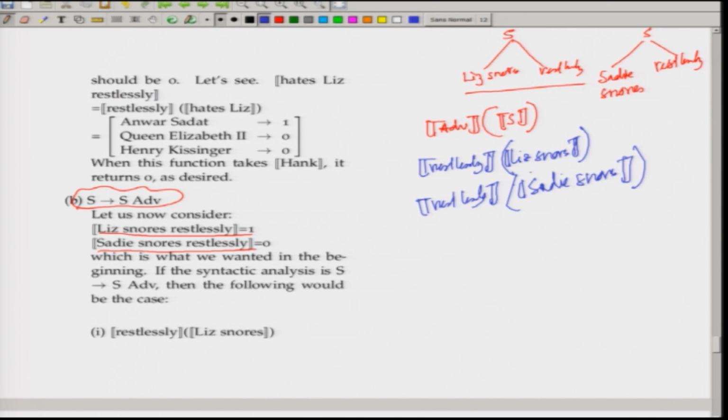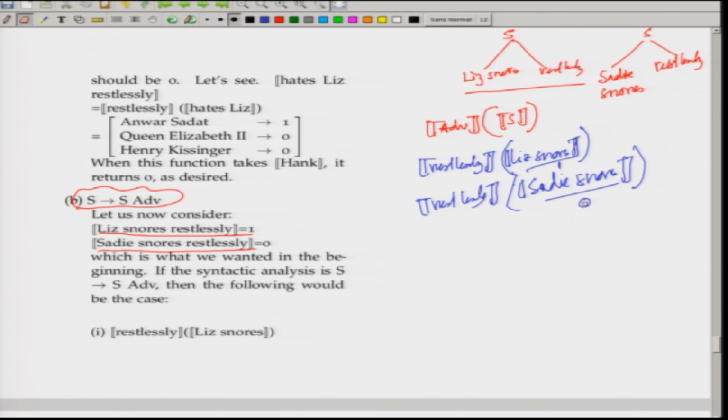Now, so we know that this is, suppose this is whatever it could be. The truth values of these 2 things are different. The truth value for this is 1, and the truth value for this, Sadie snores, the truth value for these 2 things are the same, because both Liz and Sadie snore.